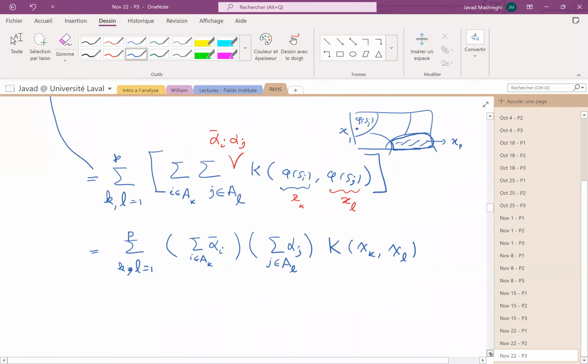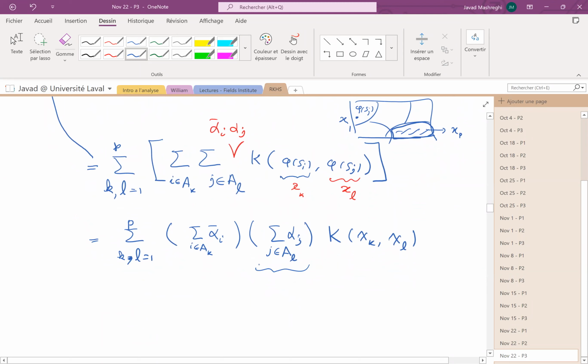And simply call this beta_l. So define this to be beta_l. This would be beta_k bar. So it would be the sum over k and l from 1 to p of beta_k bar, beta_l, K(x_k, x_l).